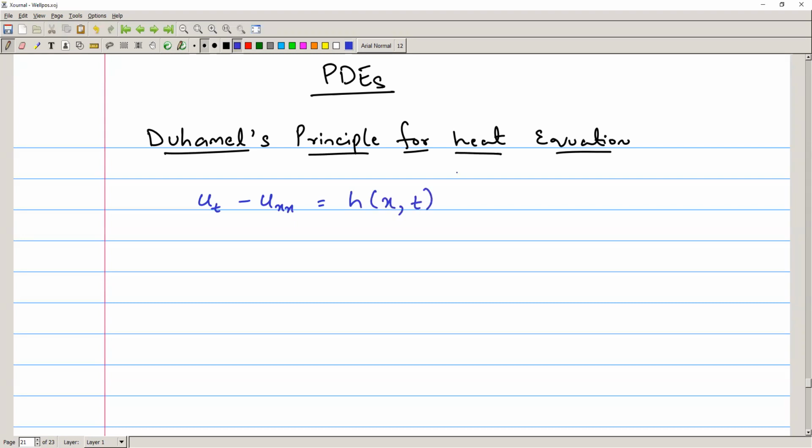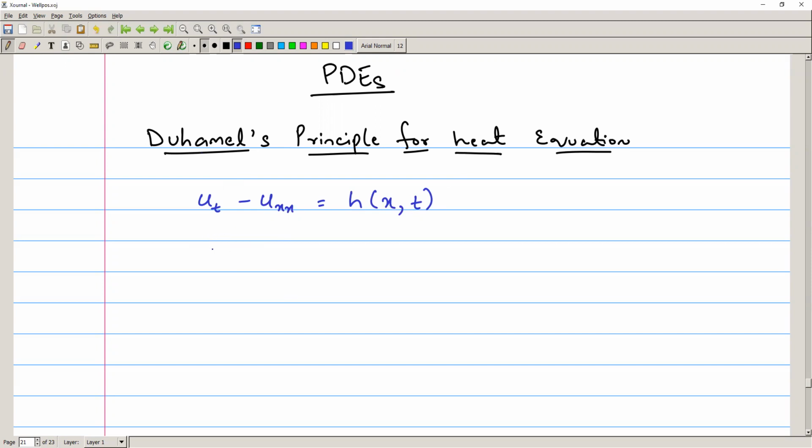We discussed various methods to solve such problems, but now we are going to use another important method, that is Duhamel's principle for partial differential equations.